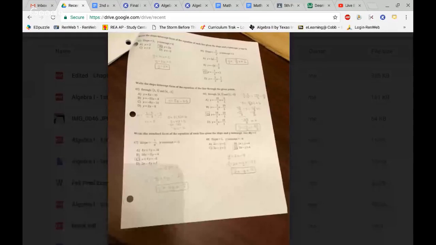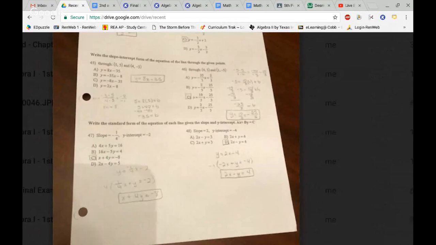Switching to standard form. It just says write the standard form of the equation of each line and the slope and y-intercept. So what number? 47 and 48. Okay. Hold on. The reason why I feel like these were maybe a little different is because you have to go one step further than we did on the test. So I'm going to work those out.